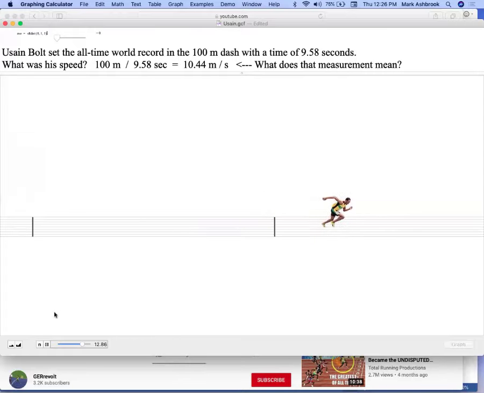So we'll work on that in a second, but any thoughts? That goes for you guys too, Angel and Richard. What do you think this number 10.44 meters per second means relative to Usain Bolt's race?